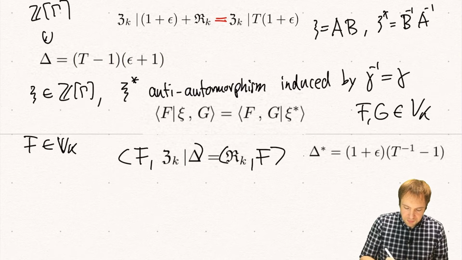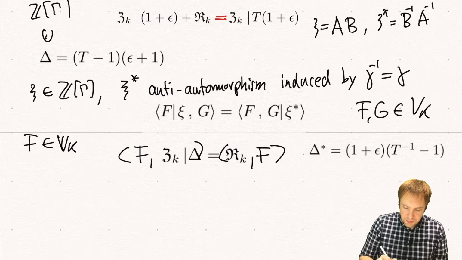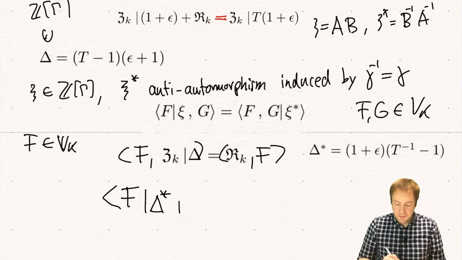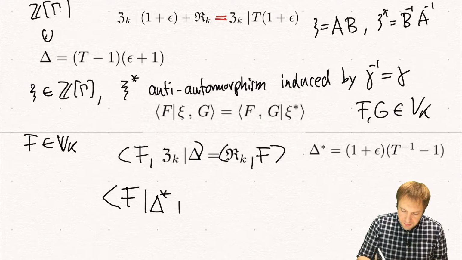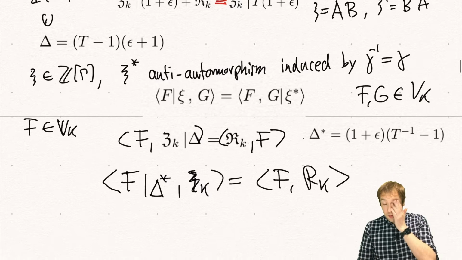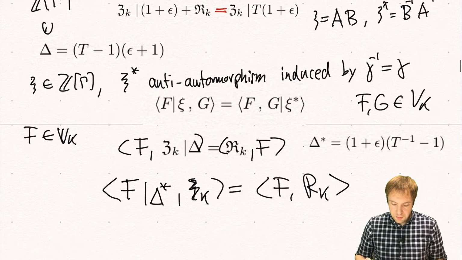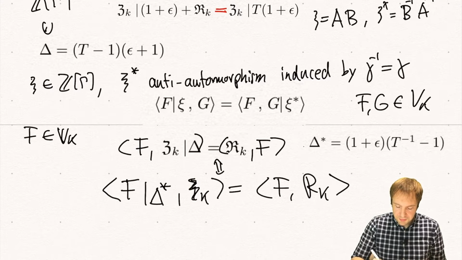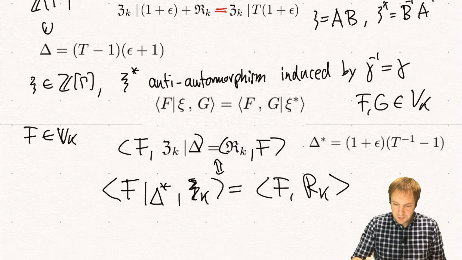So this means that for any f, I get a relation among elements in the double zeta space by considering f, and then I act with this delta star, and here I have zeta_k equals f, r_k.